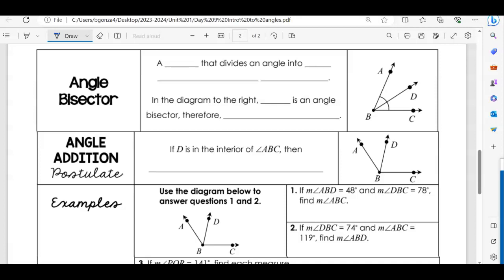That's what a bisector does. So look at this picture. I have an angle, and I have an angle bisector that's cutting it in half. So it is a ray that divides an angle into two congruent angles.